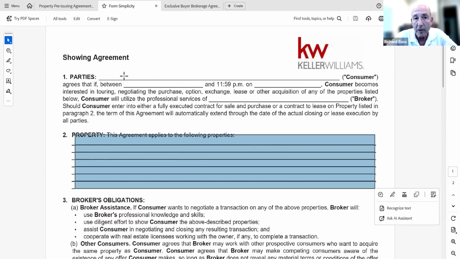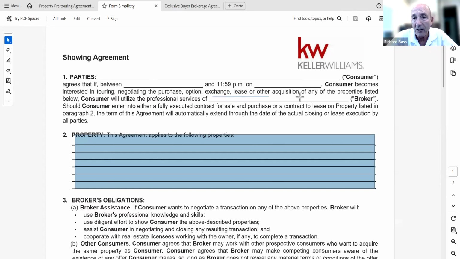So again, going back up here, it's the name of the consumer, and you're putting in a time frame, just like in a listing agreement, as to what time period you're going to be working with them. The first document said you're going to be working with them for X number of days. This is creating more of a time frame like you have in the listing agreement.